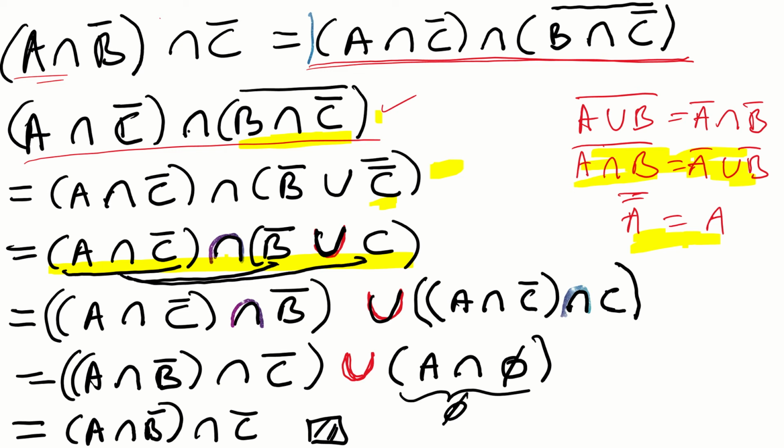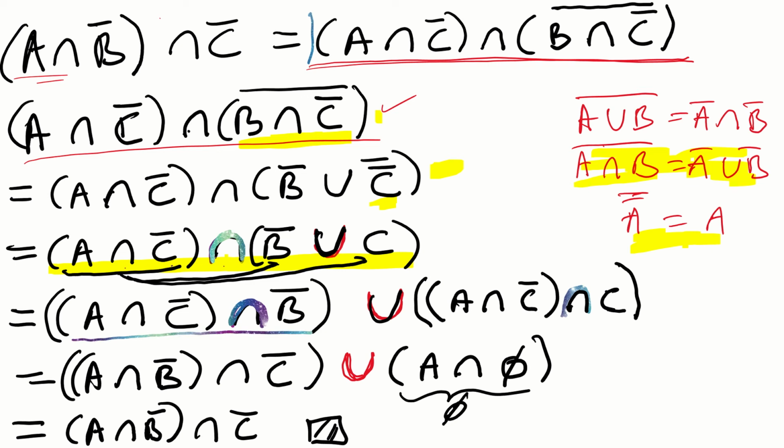That's why I put this with a different color, so you can easily see what is what. So this is the intersection, right here, and again inside we have the union. So basically I distribute with the intersection, so it's A intersection C intersection B, so it gives us this part.